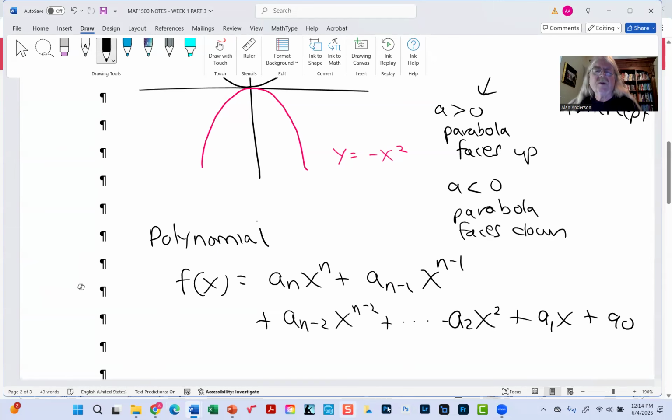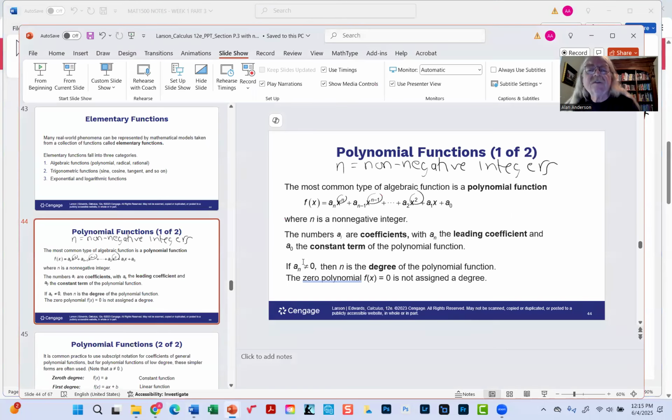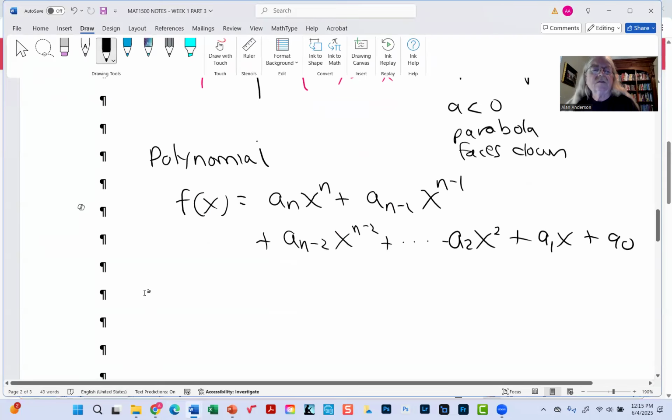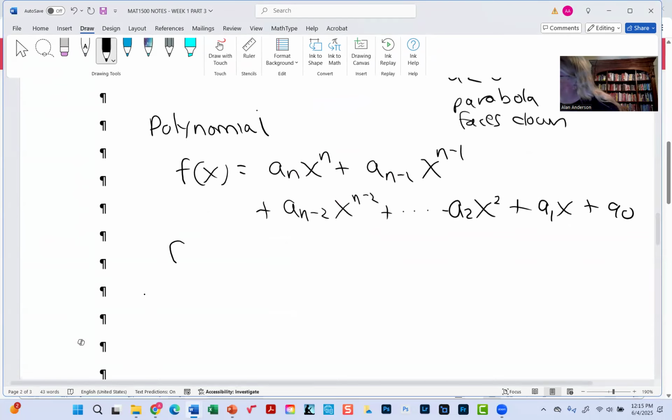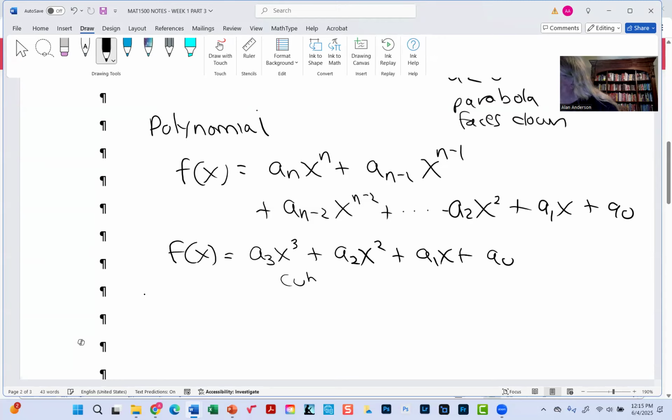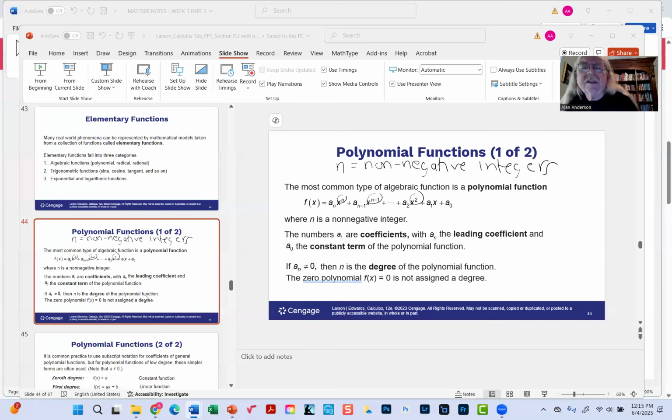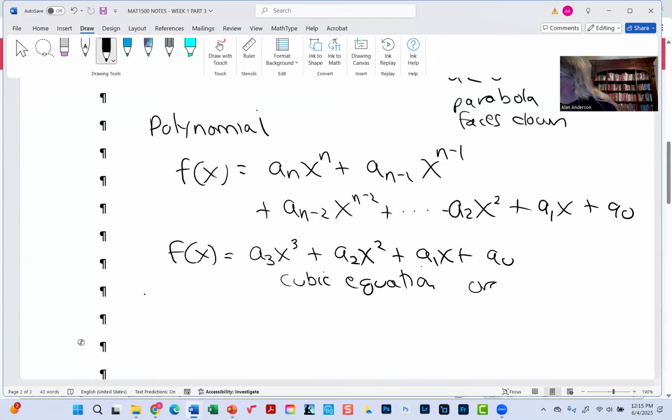The ones that we're most familiar with, and by the way, the value of n determines what's called the degree of the polynomial. So if I have a cubic equation, they'll call it either degree, or sometimes you hear it called order 3, because the highest exponent is 3.